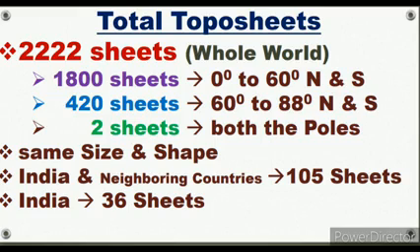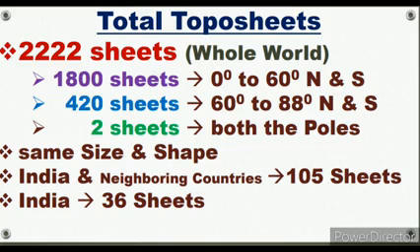The total number of topo sheets for the whole world is 2222 sheets, and this number is obtained based on the following details.